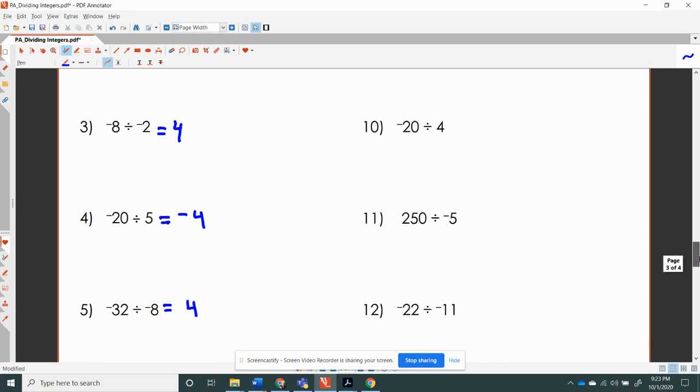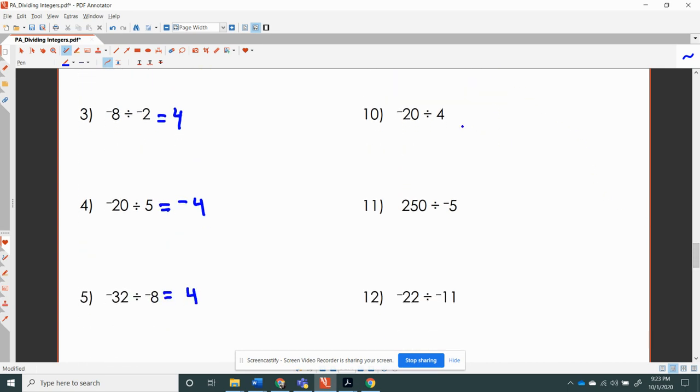And on this side, we'll do 10, 11, and 12. A negative 20 divided by a positive 4 will be a negative 5. A positive 250 divided by a negative 5 will be a negative 50. And a negative 22 divided by a negative 11, we have the same sign. That will be a positive 2.